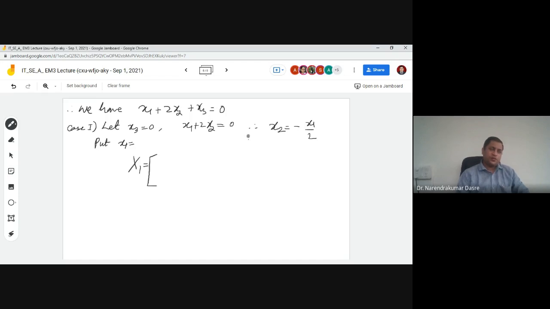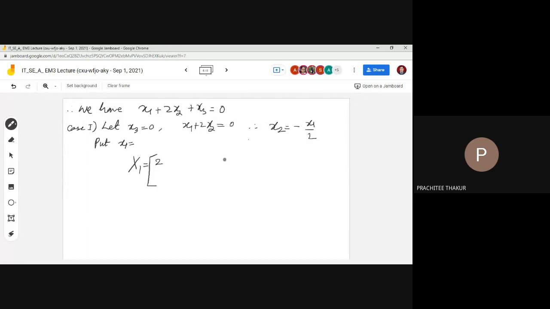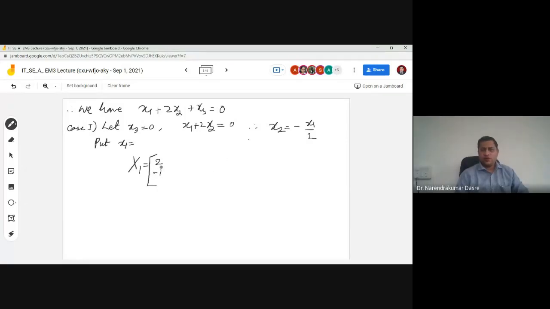What value you can? 2. Minus 2. What if I put 2? Then x2 will be minus 1, no? If I put x1 is equal to 2, then we have x2 is equal to minus 1. This is an integer. And x3 we have already assumed that it is equal to 0.